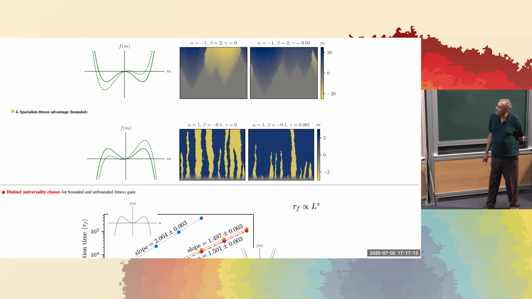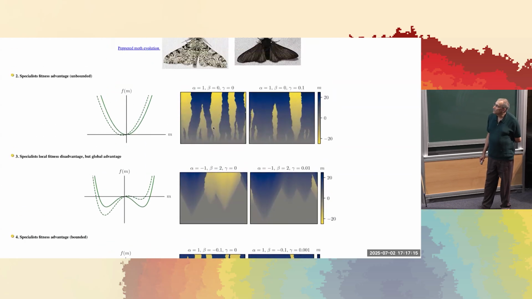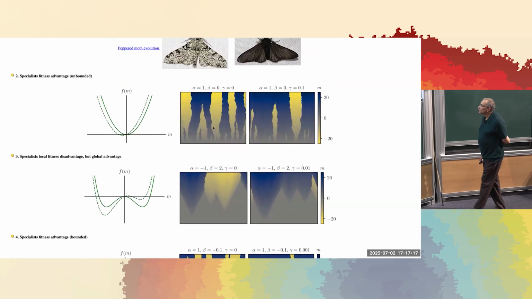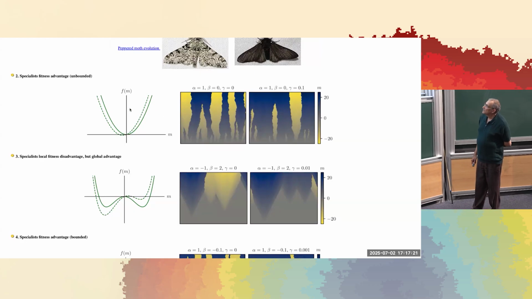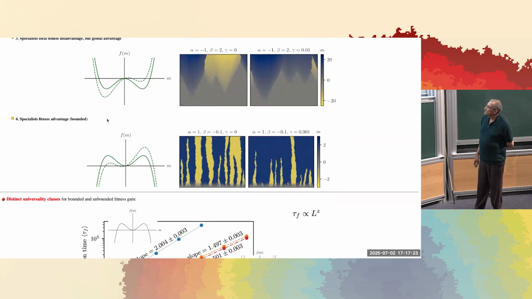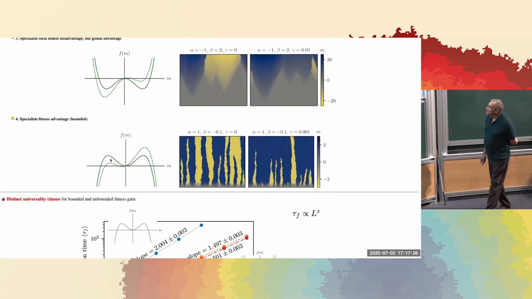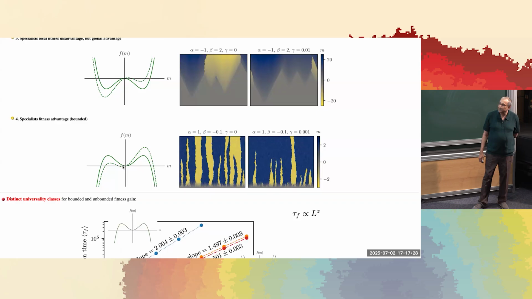Again, you find a picture that is not too different from this picture if you look at it, because you essentially get things that are on one branch or the other branch, one maxima or the other maxima, and they compete with each other.